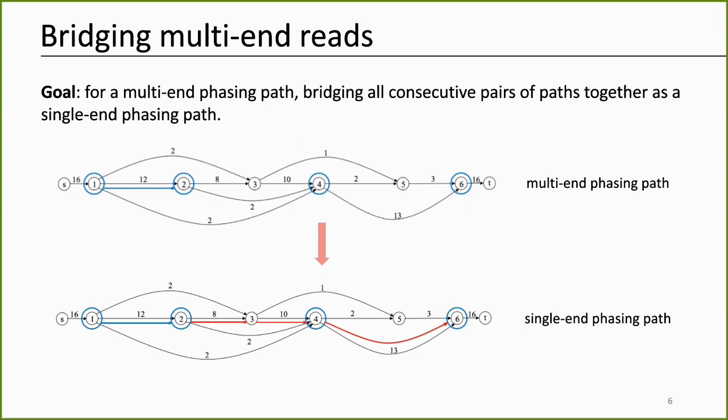So our task here is to find bridging paths for every two consecutive reads, which are those red paths, to connect the multi-end phasing path into a single-end phasing path, which is a simple path in the splice graph.